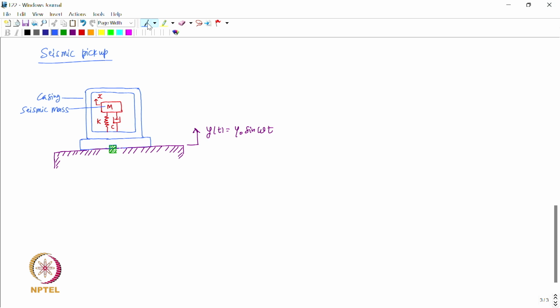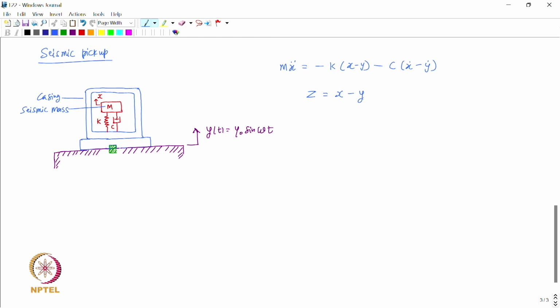So, let us write the equation of motion for the seismic mass, that would be m x double dot is equal to minus k (x minus y) minus c (x dot minus y dot). Let us define now the relative displacement of the seismic mass by a quantity, let us say z, which is equal to the absolute displacement x minus the displacement of its base, which is y.